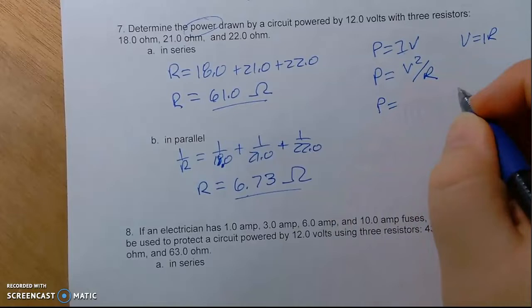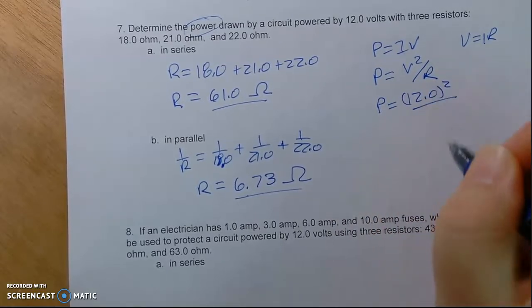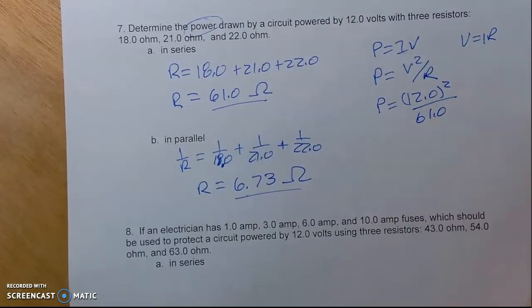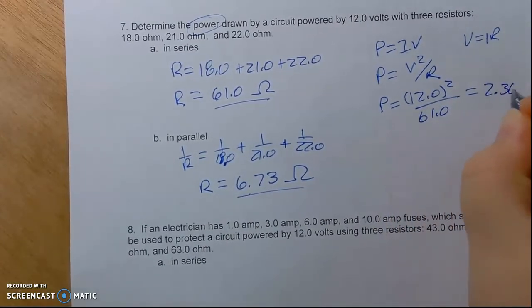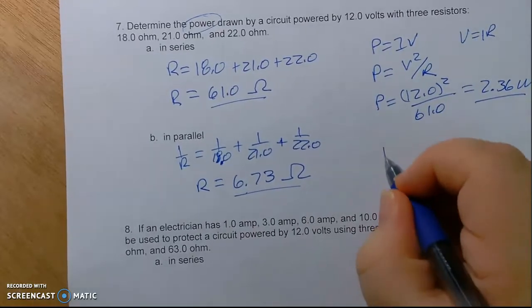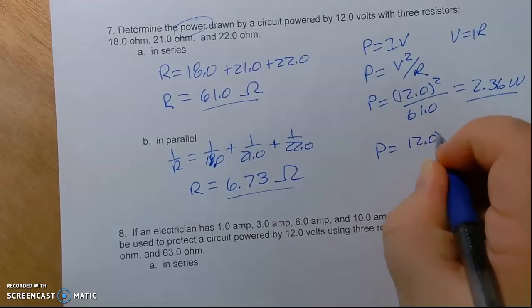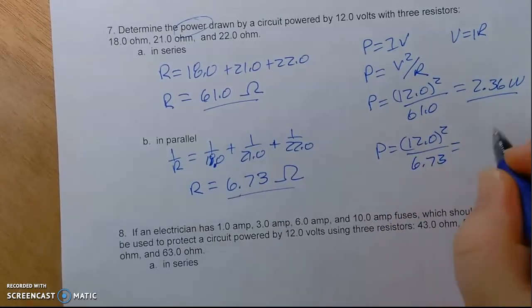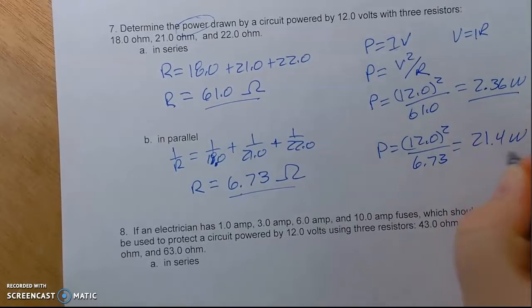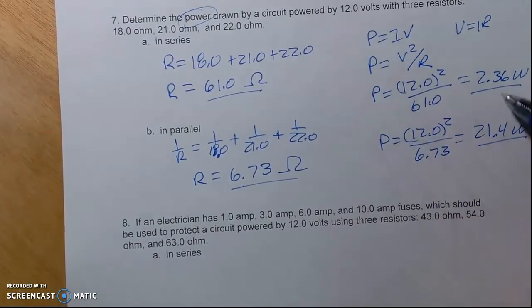So power equals voltage, which is 12, squared, divided by R. For 61.0, in series we draw 2.36 watts. If they are in parallel, 12.0 squared over 6.73, we have 21.4 watts. So we can see things in parallel are going to draw a lot more power. We're going to use a lot more energy.